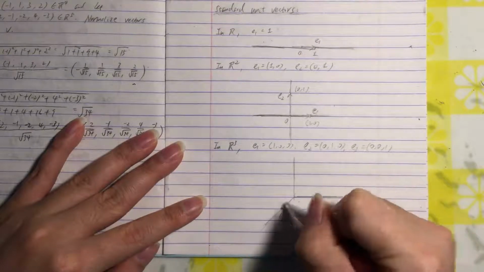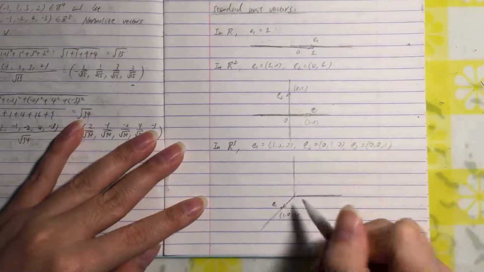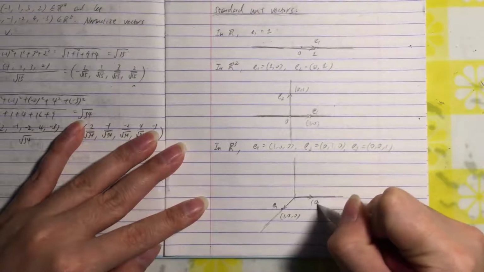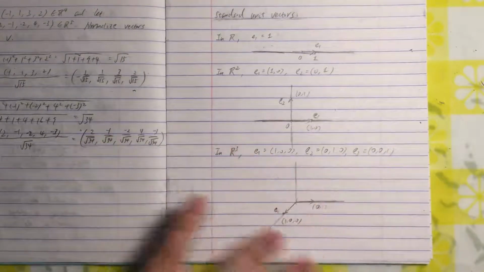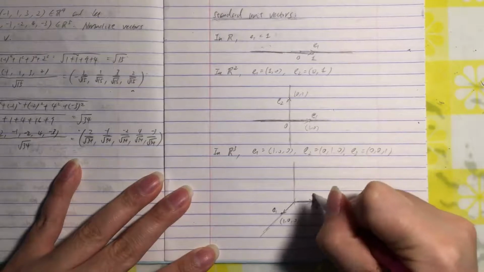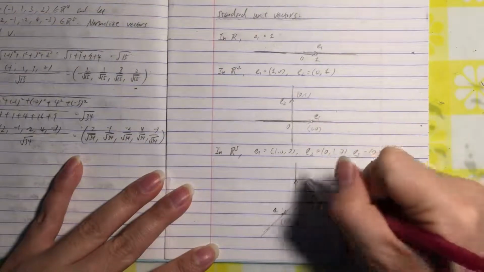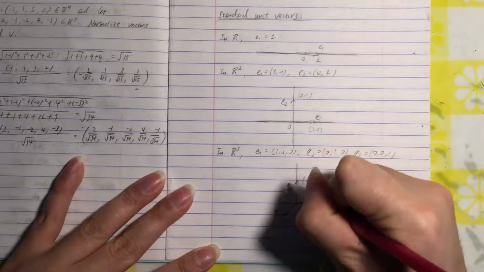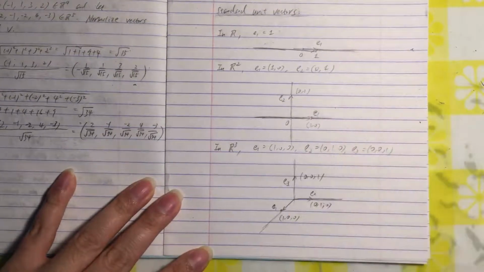That's E1. Vector (0, 1, 0) is here. That's E2. Vector (0, 0, 1) is here. That's vector E3. So they are the standard unit vectors in R3.